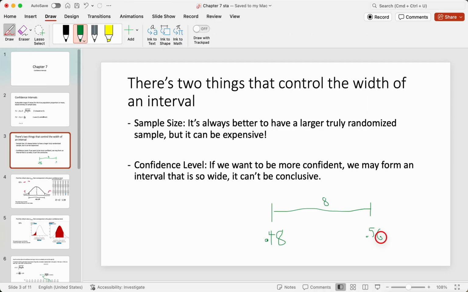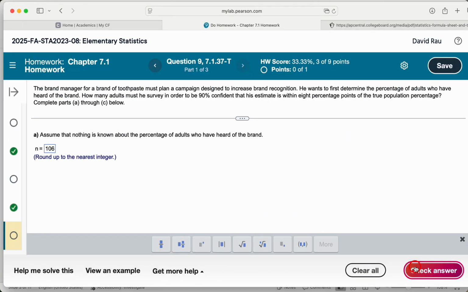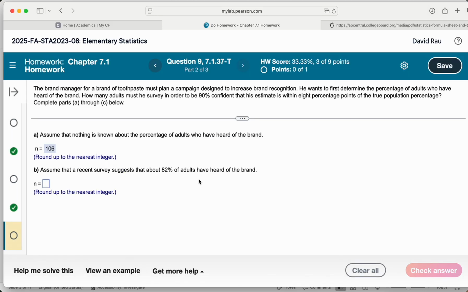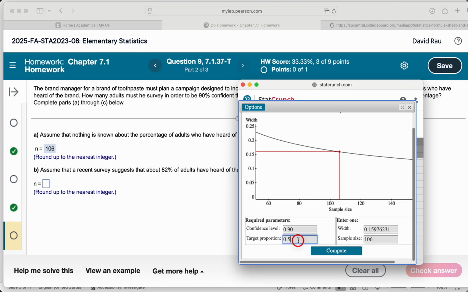That is within 8 from the total, but I could be within 8 from the other direction, and that should be 0.08. But I think we get the idea: if I'm within 8, then that's within 8 on either side, and so the width is actually double that statement there. It looks like I was right to double it at the end there, so be cautious of that.